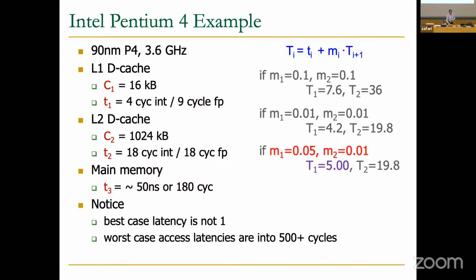So let's take a look at another interesting case. Let's assume that 5% of your accesses miss in the first level. And out of those accesses, 1% of the accesses miss in the second level. Now, if you do the equation, you get a perceived access latency of 5 cycles, which is maybe not bad, right? So 95% of your accesses hit in the first level.